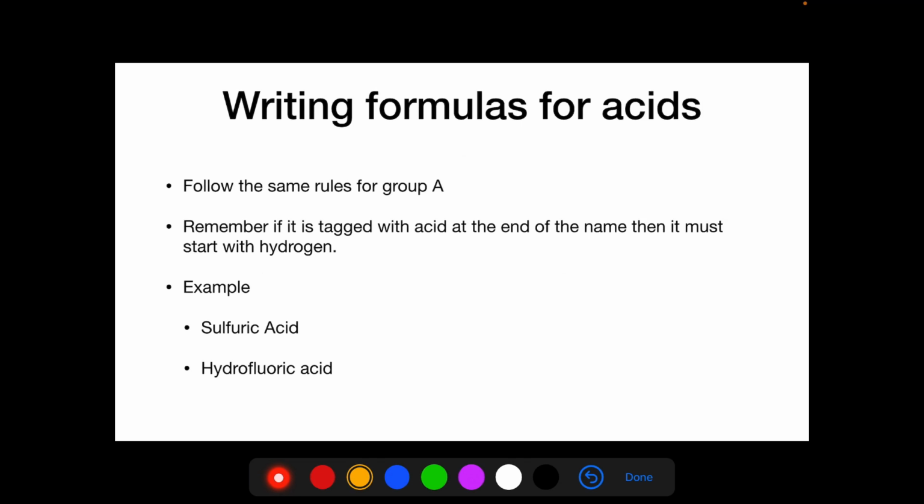Now, if we need to go from the name to the formula, it's just as if we're doing something with Group A. And remember, if we see the term hydro, or if it has acid on the ending, it will always have hydrogen at the start. If we look at sulfuric acid, it ends in IC, there is no hydro, so that is the sulf with the ATE ending, so this will have sulfate in it.